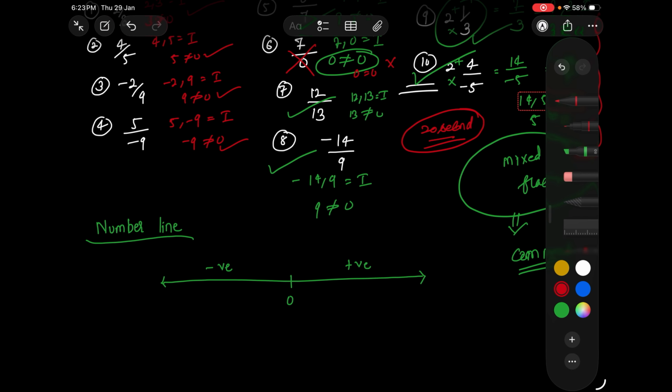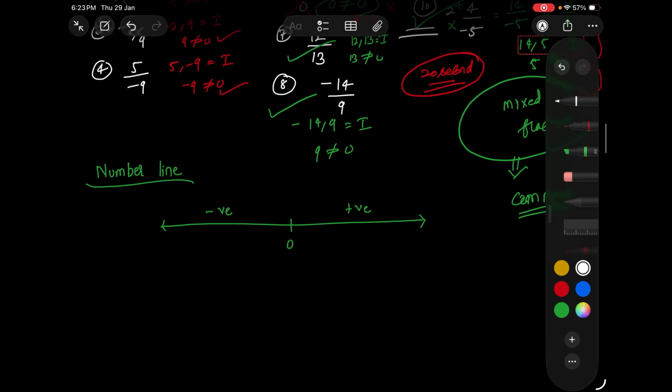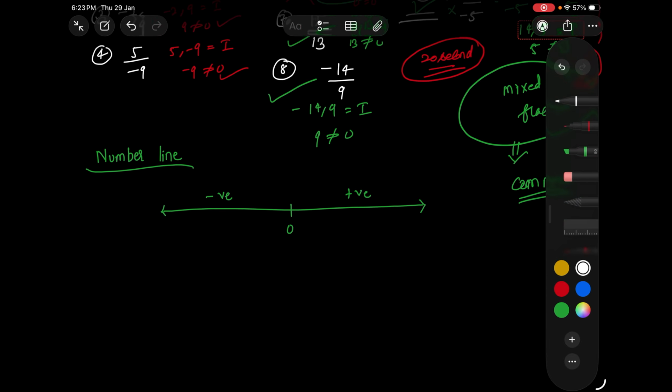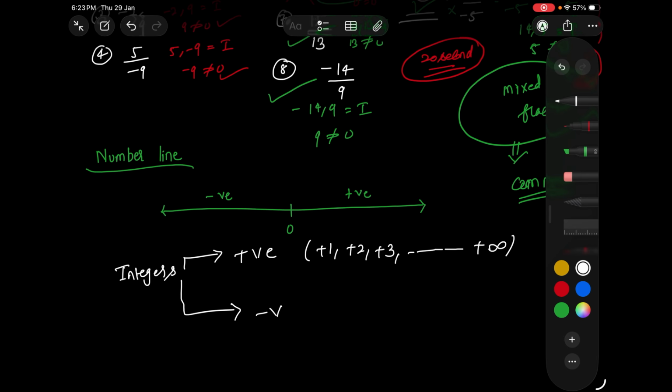Now our next concept is very simple, that is number line. Here understand, in integers we have three categories. Positive integers like plus 1, plus 2, plus 3, dot dot dot, plus infinity. Second we have negative, that is minus 1, minus 2, minus 3, dot dot dot, minus infinity.